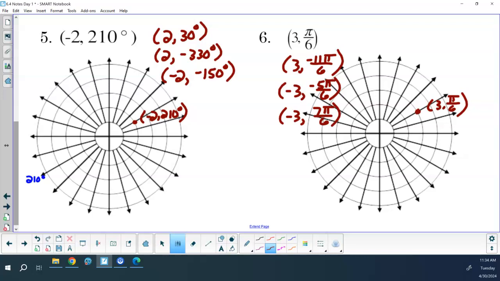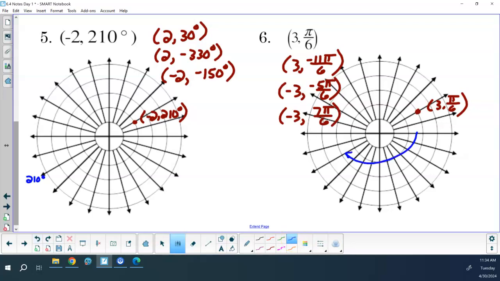Okay? So 3, you got it how we got the first one, right? Went out to pi over 6, went out 3 rings. Next one. Now instead of going positive pi over 6, I went negative 11 pi over 6 as my angle. Still went out 3. With me? Next one. I went negative 5 pi over 6.